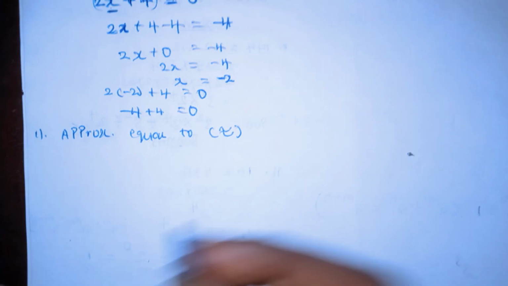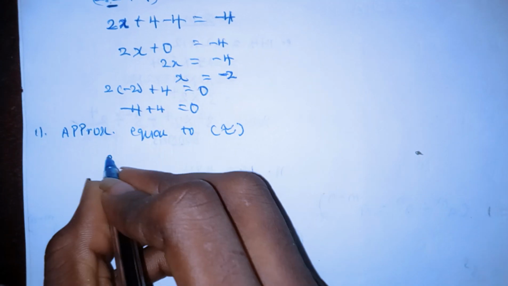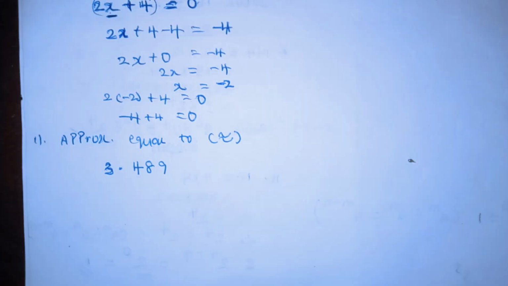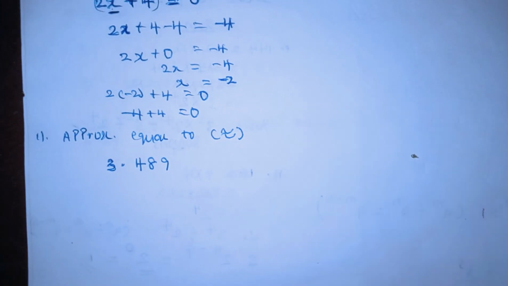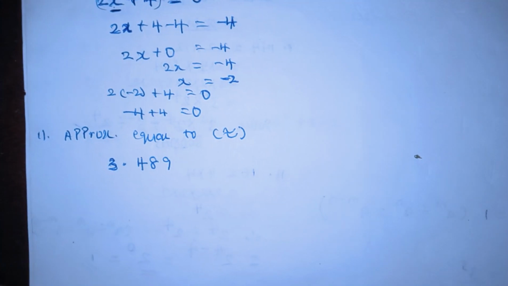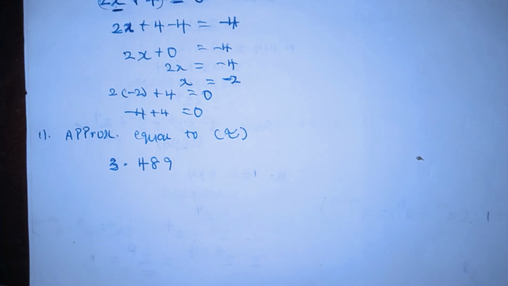For instance, after solving a question, you get an answer of 3.489, and maybe you want to approximate to one decimal point or to two significant figures.